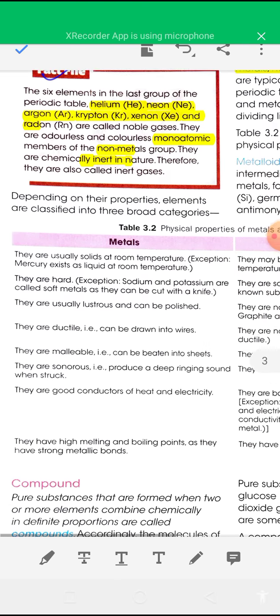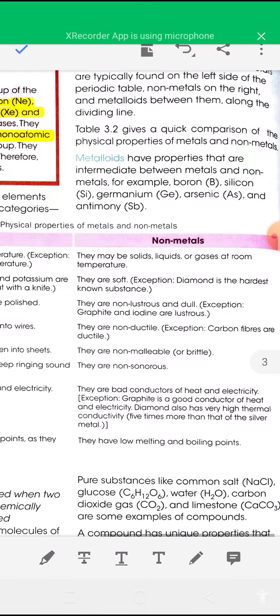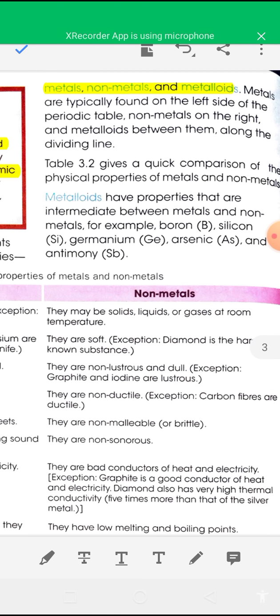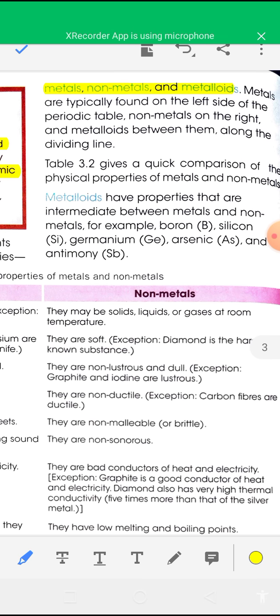Now see the properties of metals and non-metals, and here one point is given: metalloids. What are metalloids? Metalloids have properties that are intermediate between metals and non-metals. For example, boron, silicon, germanium, arsenic, antimony.